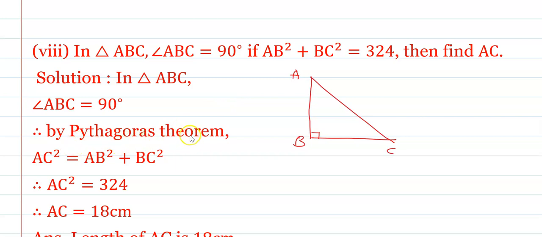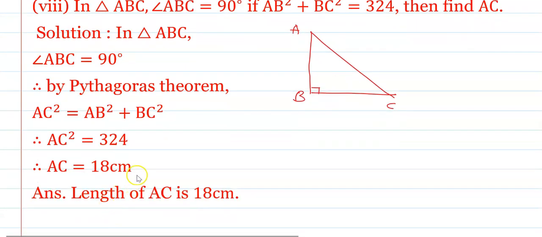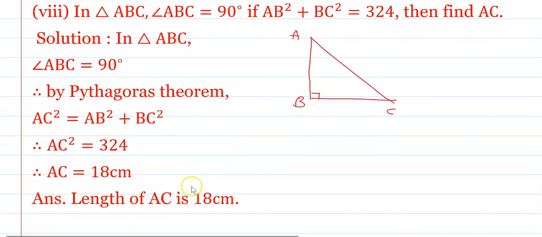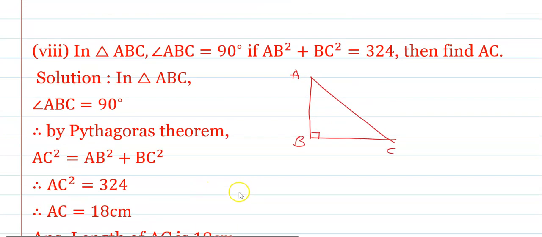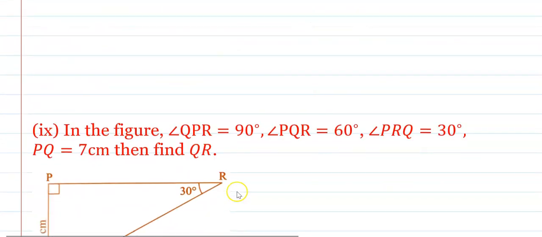Therefore, by Pythagoras theorem, AC square is equal to AB square plus BC square. AC square is 324. If we find its square root, you will get AC is equal to 18 centimeter. Therefore, the length of AC is 18 centimeter. Easy questions.